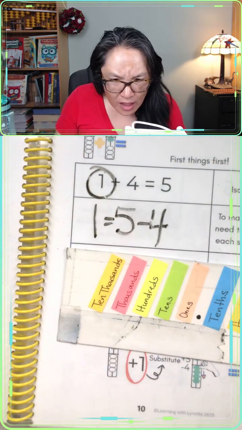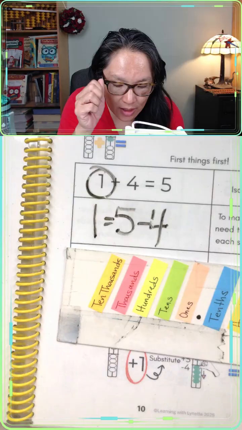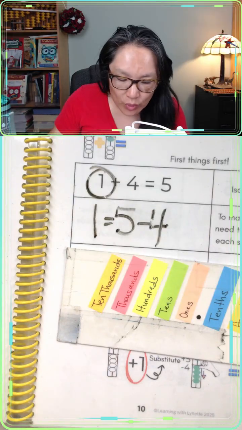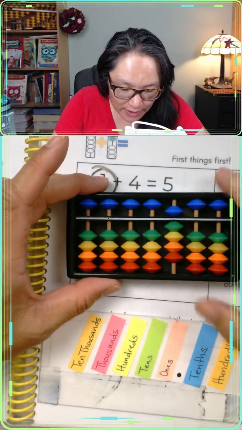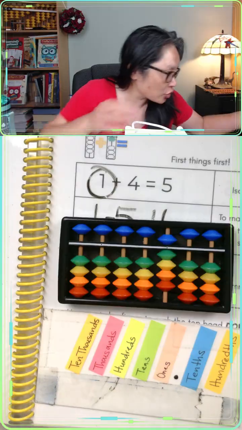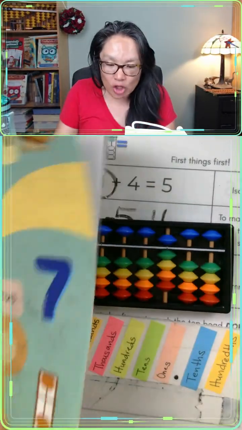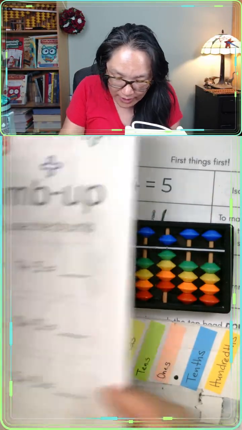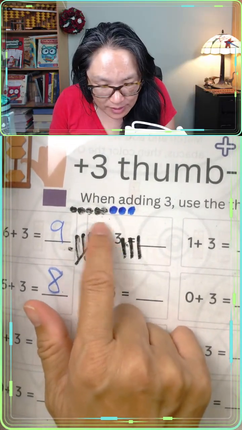So the fanciest words, it's the craziest thing. They talk about subitizing. So what's subitizing? Subitizing is when you look at a number, you know what it is. The interesting thing about subitizing is that in mainstream math, it's harder to subitize. The reason why is because there's too much information. There's too many items.